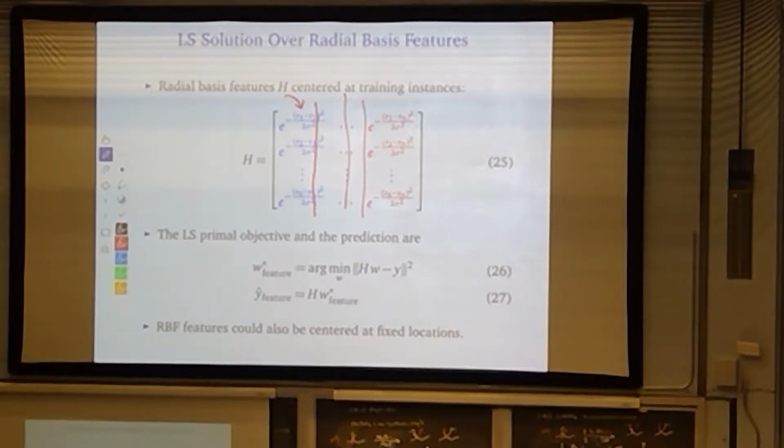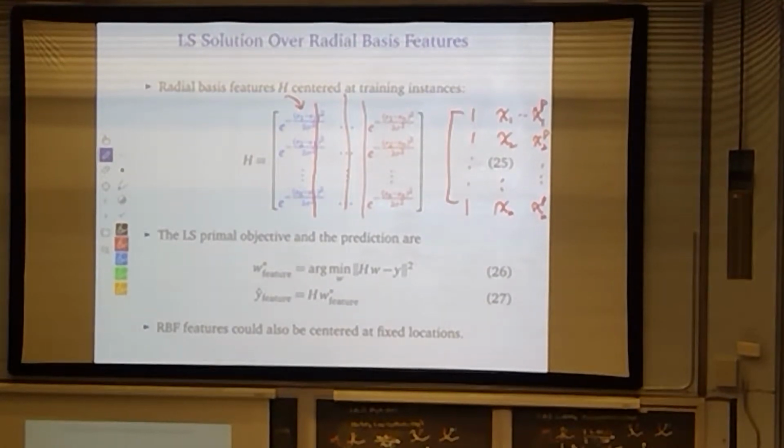I have these basis functions, okay? Compared to if I use polynomial, that would be 1, 1, 1, 1, and x1, x2, xn, and x1^p, x2^p, all the way to xn^p. They're really equivalent, right? It's the same format, it's just the basis function is different.